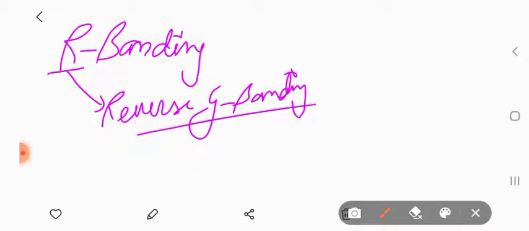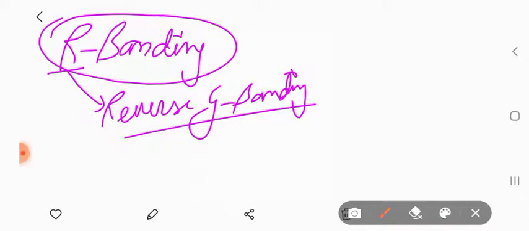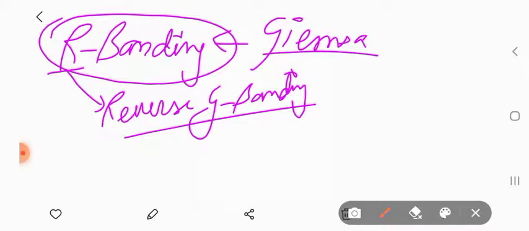R banding is used in some parts of Europe. It also involves Giemsa stain. Here also we use Giemsa stain in the R banding technique, but the procedure will generate a reverse pattern from G banding. A little bit of difference there will be in the procedure during your R banding technique.